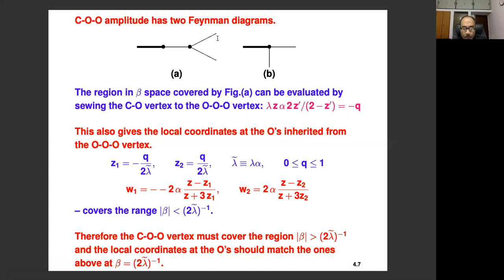Basically, you take the local coordinate around the leftover punctures at z prime equal to 1 and z prime equal to infinity, and re-express them in terms of z. That's what this really does. And rename them as W1 and W2. So whatever local coordinate you choose for this diagram should have the property that at beta equal to 1 over 2 lambda tilde, it should match up with this.